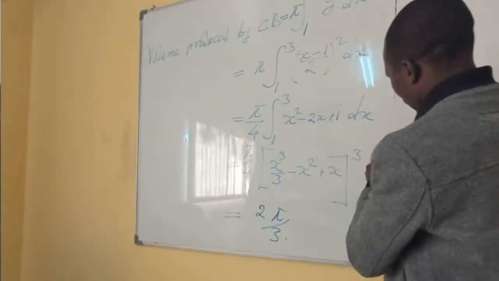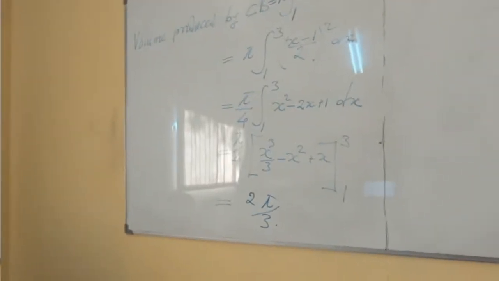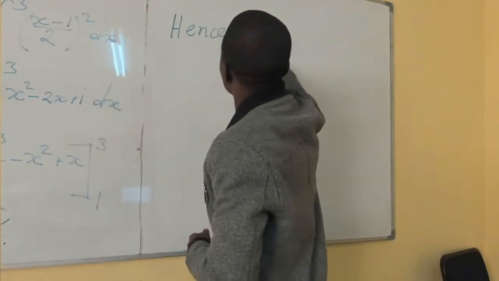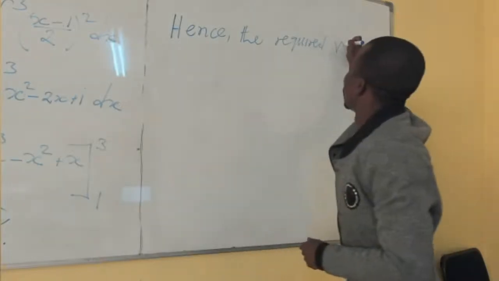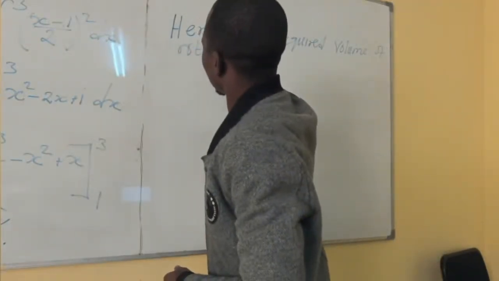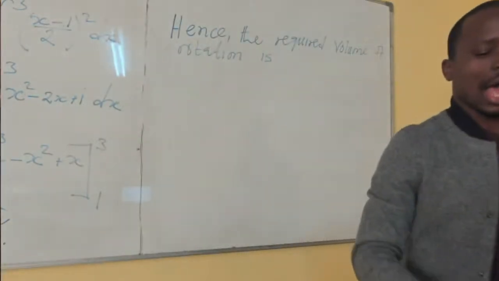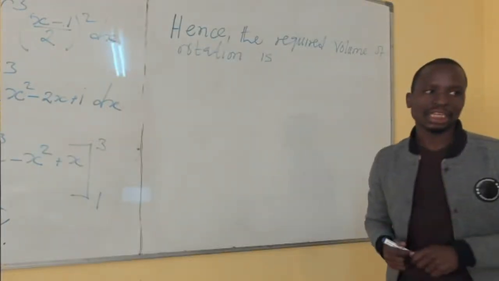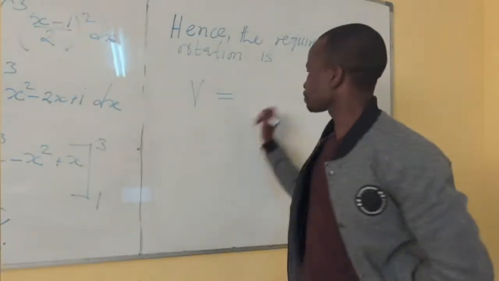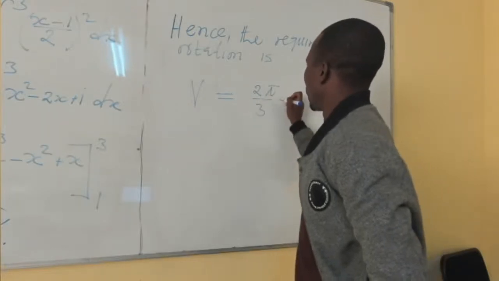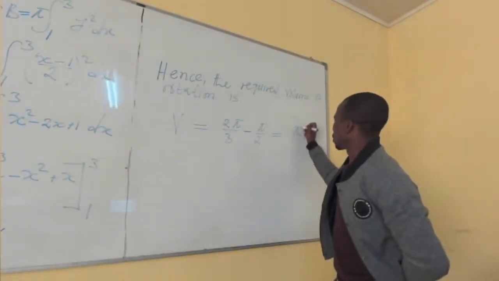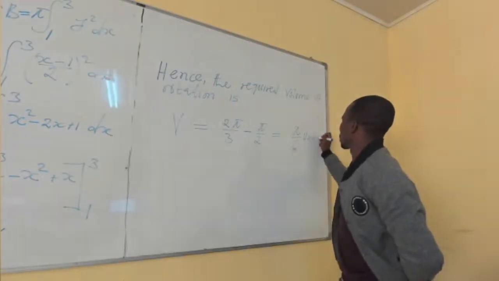Hence, the required volume of rotation, which is V, is equal to 2 pi over 3 minus pi over 2, which will give us pi over 6 units cubed.